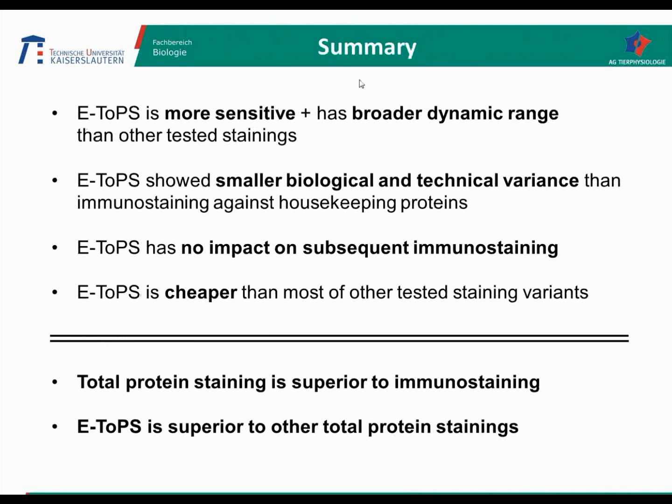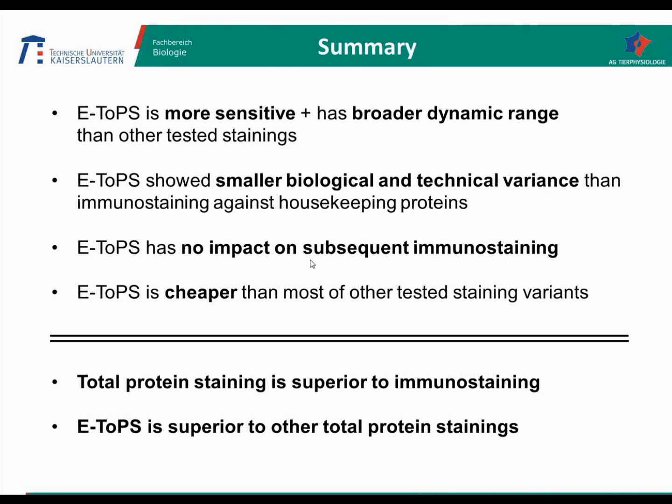I would like to sum up the points about the epicaquinone-based total protein staining, which is more sensitive and has a broader dynamic range than the other tested stainings. Further, it has a smaller biological and technical variance than the traditionally used housekeeping proteins.